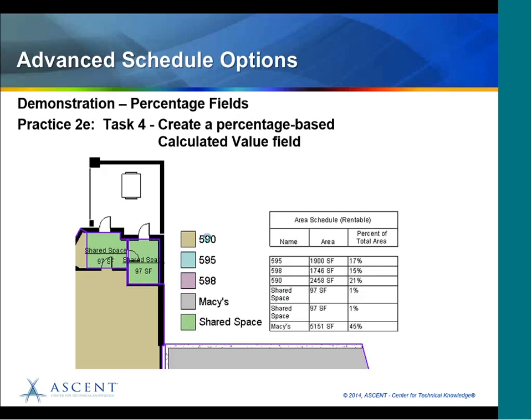So first of all, with the percentage fields, they're quite often used in something like this area schedule. So what I want to show you here is how to create this little area schedule and add in these percentage fields like you can see right here.